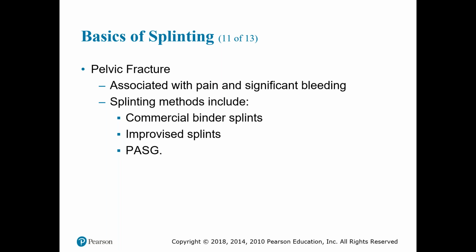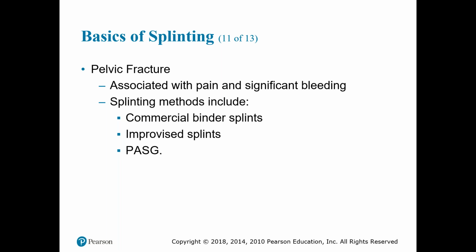So pelvic fractures, a lot of pain, significant bleeding. Most of the time this is going to be internal. So we could use commercial binder splints, which I showed you with that SAM splint, improvised splints, or the past Garmin pants. They still talk about these. They're the pneumatic anti-shock Garmin pants is what PASG stands for.